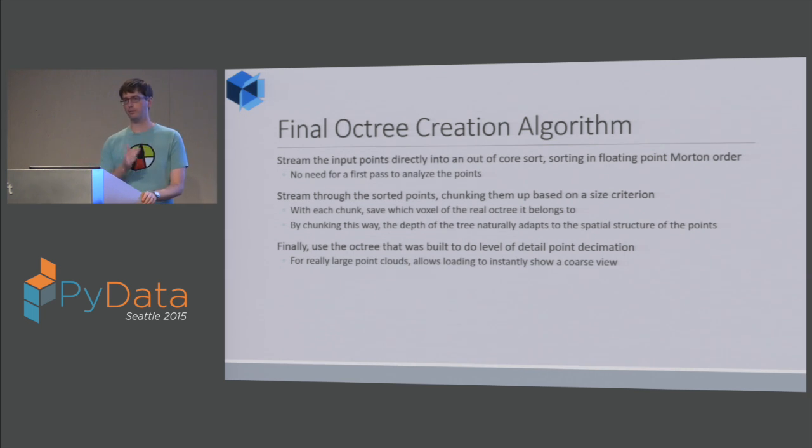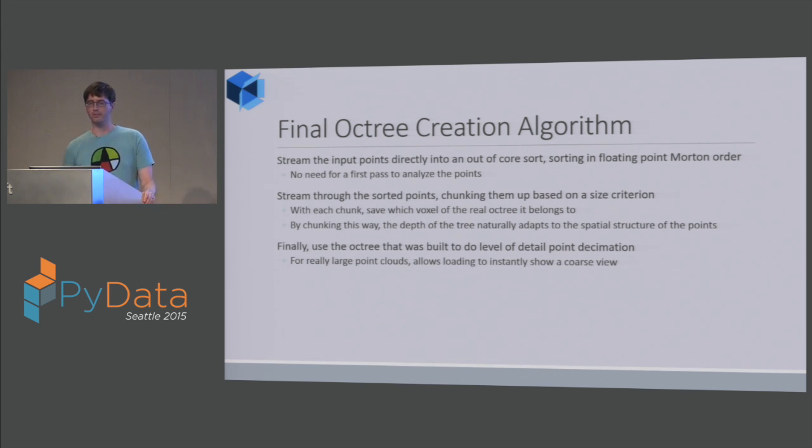Then you want to go through the sorted points and chunk them up. If you're picky about the implementation details, you probably want that final sorting result of your out-of-core algorithm to go directly to the chunking algorithm, not write it out, sort it, and then go through it again. So, you don't have to be wasteful here.